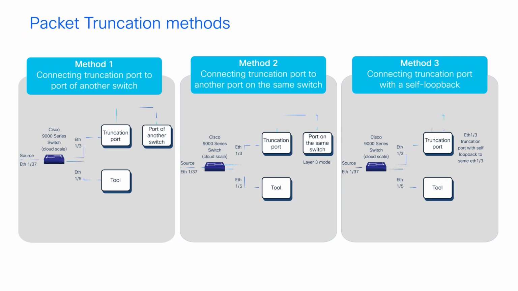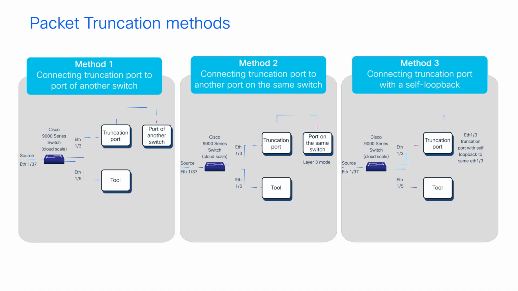Before we begin exploring the various methods we have to enable packet truncation on the Cisco NDB, first let us get a little understanding about why you need packet truncation on the packet brokers. Especially, there are some types of tools where the tools are charged based on the bandwidth you utilize.